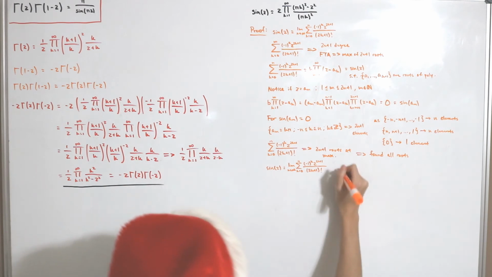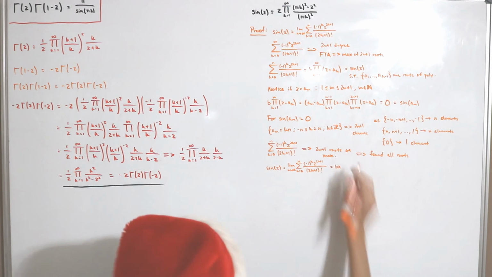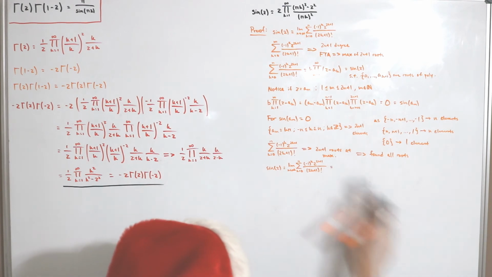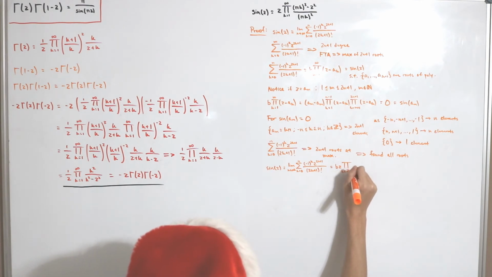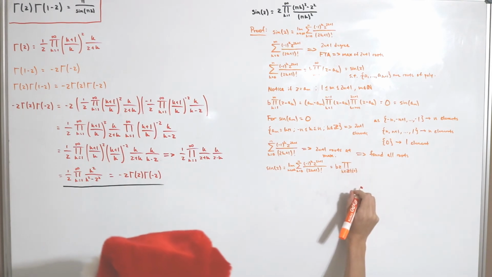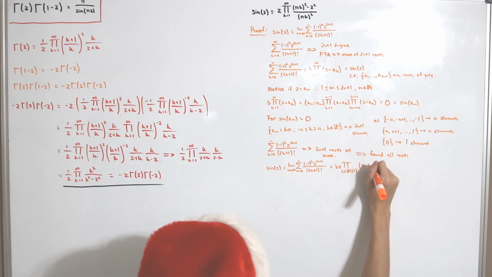So that means it can be rewritten as b times z times the product, such that our index k is in the integers, excluding the singleton set 0, of z minus k times pi.